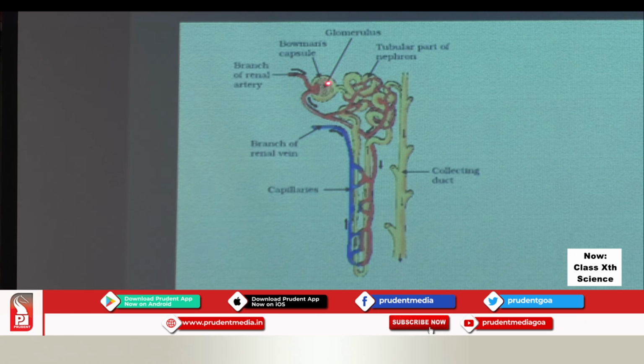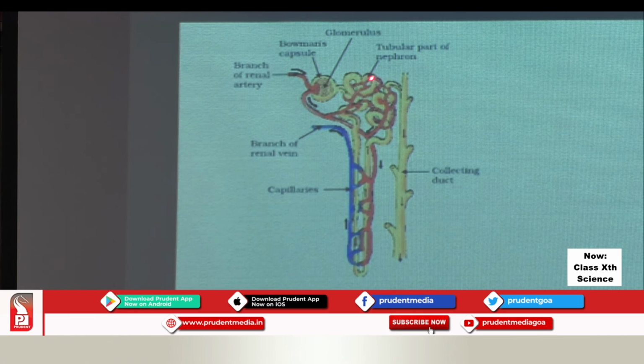But as we know, there is a bundle of capillaries present here and that is nothing but glomerulus. One end of the glomerulus is connected to this Bowman's capsule. The other end of the glomerulus circulates these tubules.